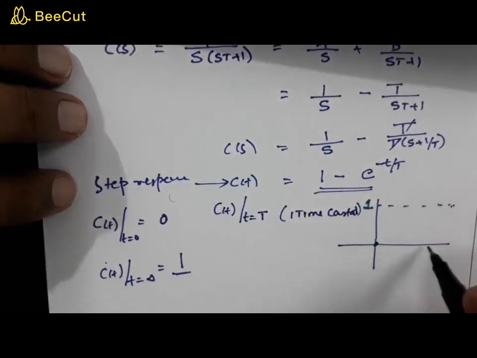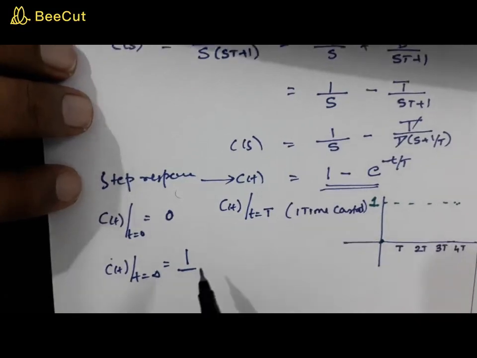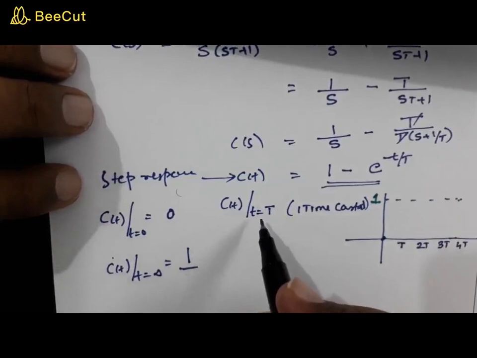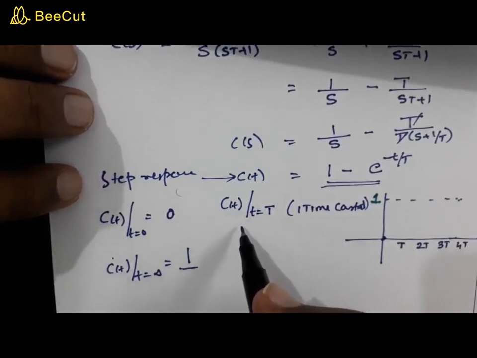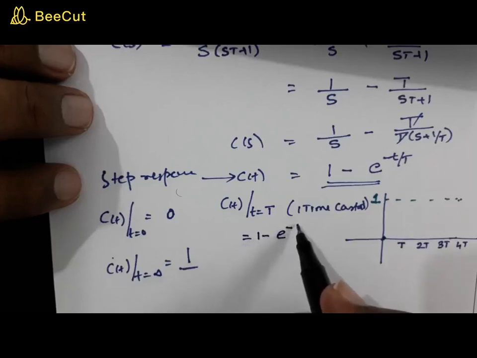What happens at one time constant? So time constant can be anywhere over here. So I'm just marking this time axis as 1t, 2t. Anyway, these are all time. So you can represent that as 3t, 4t, and so on, right? Now what happens at C of t at t is equal to capital T? Now when I'm putting C of t at capital T, what I'm going to get is 1 minus e raised to minus capital T by t, right?